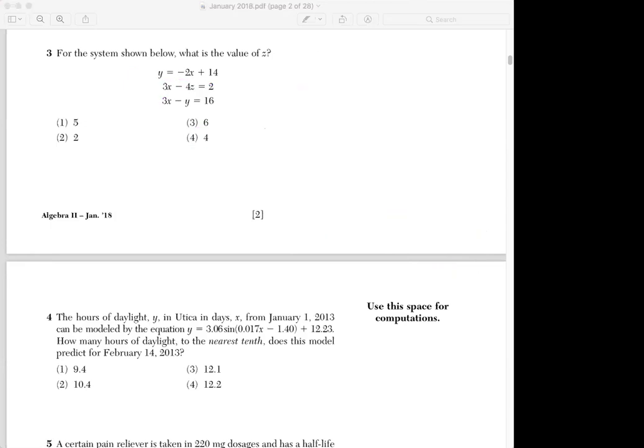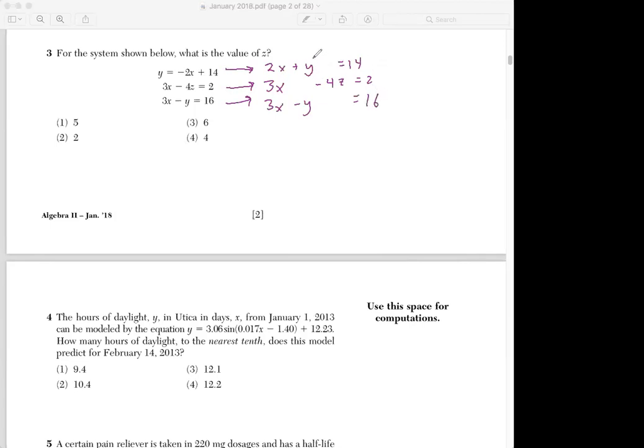Now, yes, you could have done it this way. You could have rewritten equation 1. This could have been 2x plus y equals 14. This would be 3x minus 4z equals 2. I'm lining them up. And this is 3x minus y equals 16.